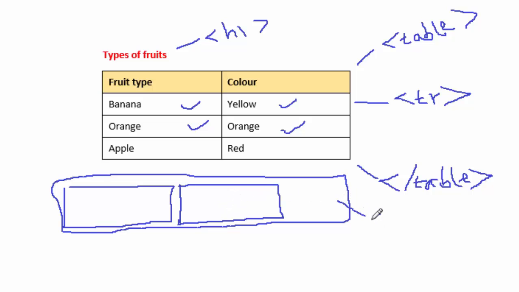The data is stored actually in these cells. So this is a row created by tr, and this is a box in the row, and it is created using td. Td is the one which is used to create table cells or boxes.